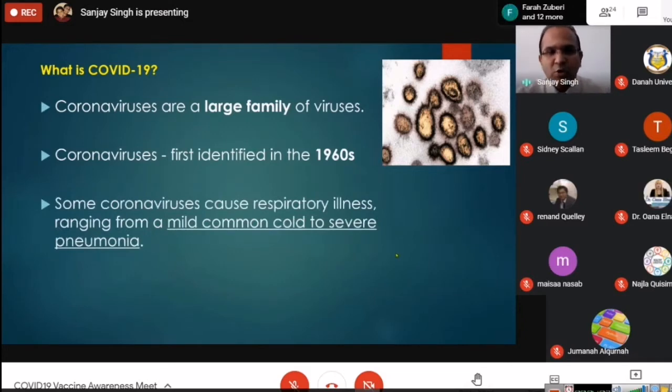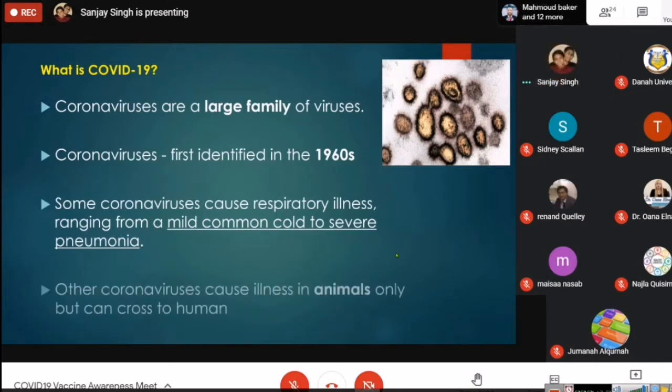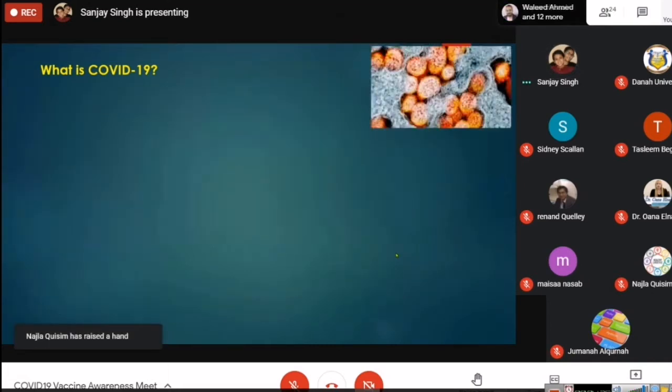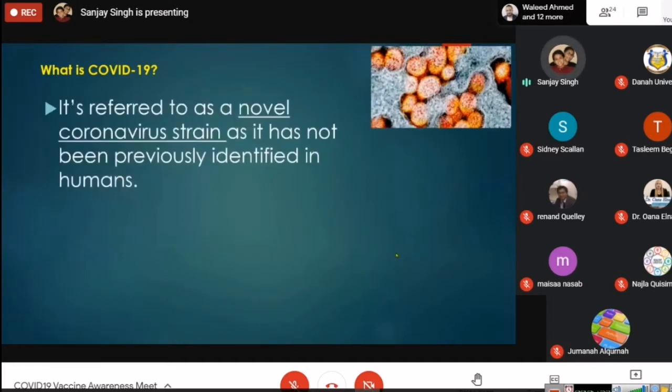Some coronaviruses cause respiratory illness, ranging from the mild common cold to severe pneumonia. Other coronaviruses cause illness in animals only, but can cross over to humans, as happened in COVID-19. It is referred to as a novel coronavirus, as it had not been previously identified in humans.